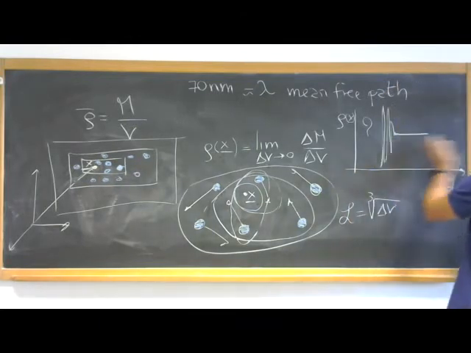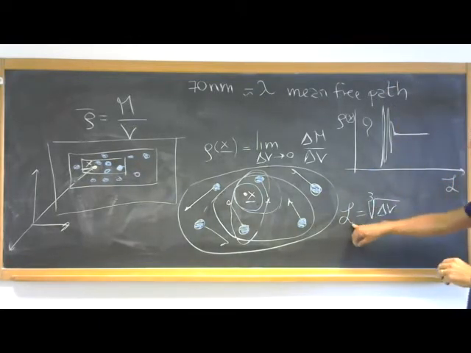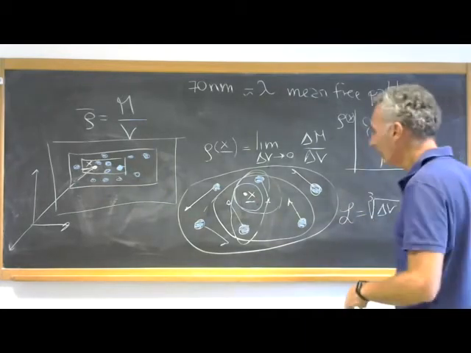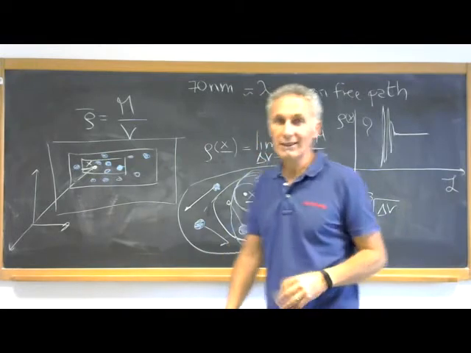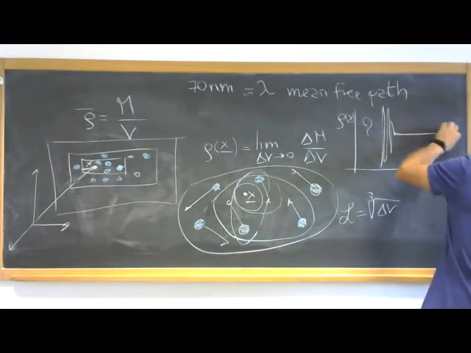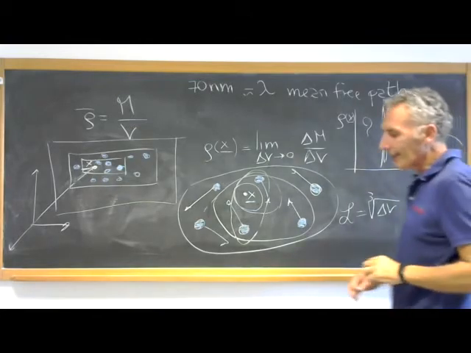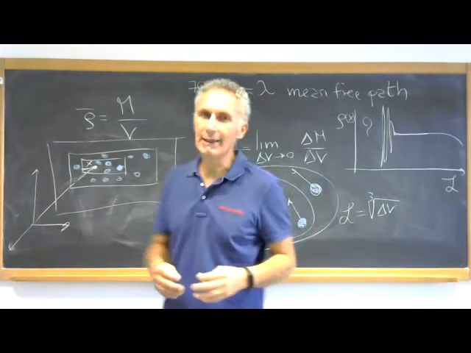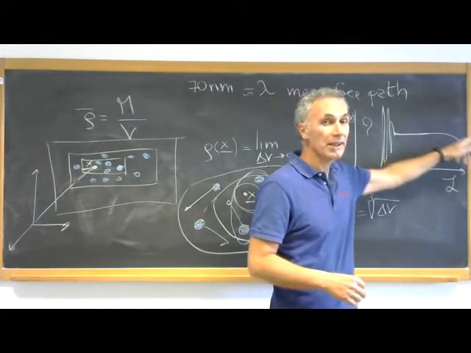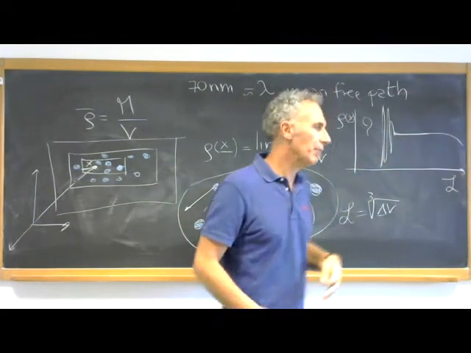And then what happens if I keep increasing capital L, which implies I keep increasing the volume of the sampling volume for this quantity? Well, what could happen is that at some point the quantity has a variation, but this time a variation on a smooth base. So what does it mean?